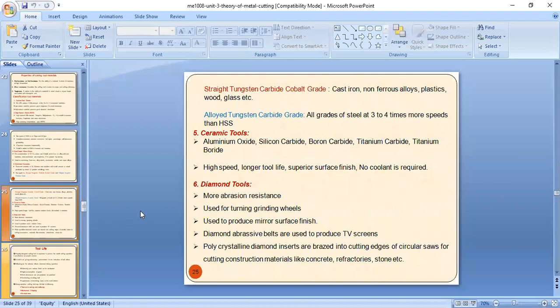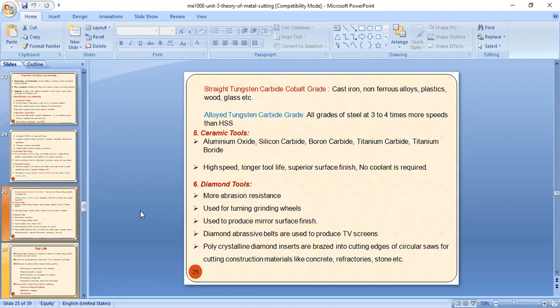After the classification and properties of tool materials, we'll try to discuss tool life also. Tool life is the last, then machinability. But before that, we have to go to Merchant's diagram, because based on Merchant's diagram we have some problems based on the coefficient of friction and everything.